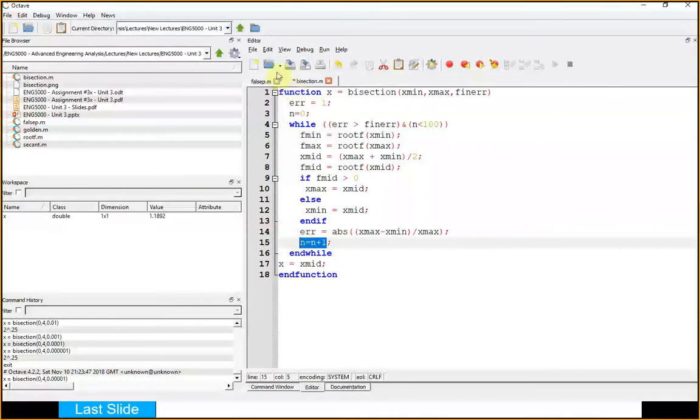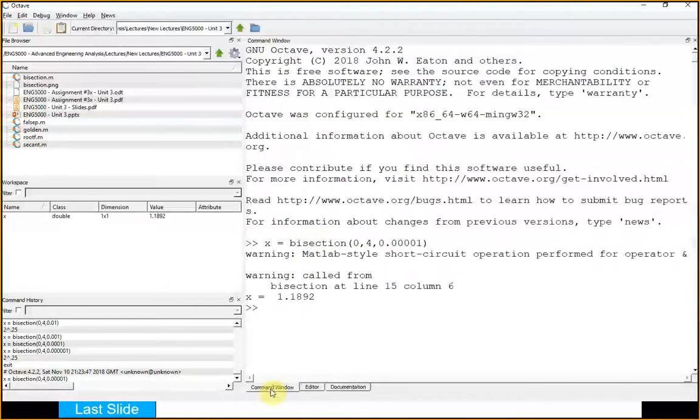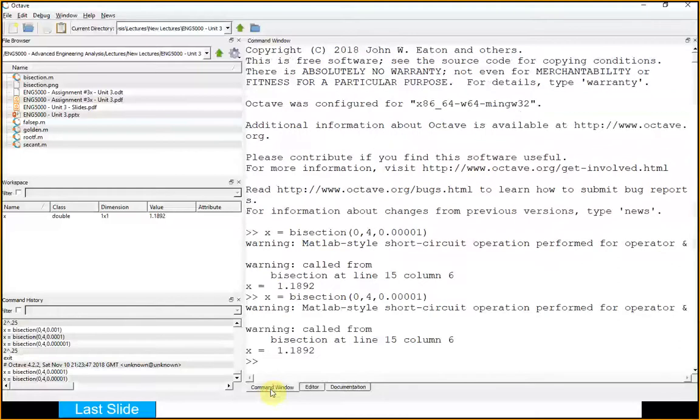And I'll put it also at the false position, and I'll check that later. That's incrementing. Let's go back to the command window. Nope, same thing. Nothing is wrong with the plus plus.